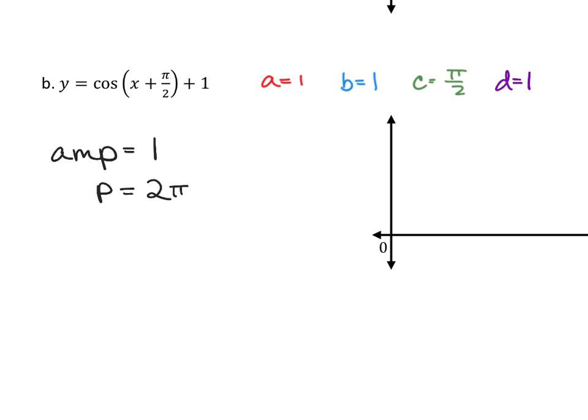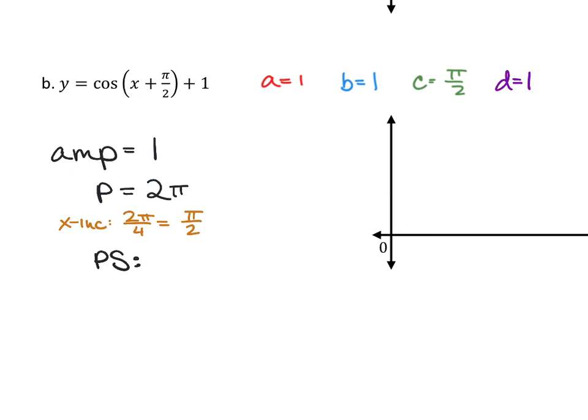I always want my x increment, even though it doesn't ask for it, that's how you graph it. The x increment is the period divided by 4. So I'd be doing 2 pi divided by 4, which is pi over 2. That's what I'm labeling my axis with. Now my phase shift. There is a C value this time.